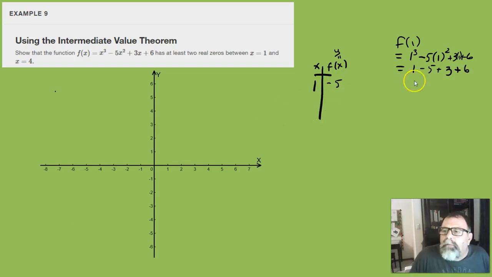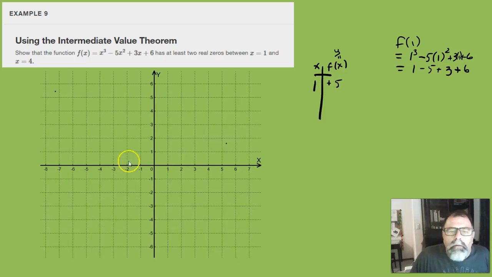So 9, 10 minus 5 is positive 5. Oops, I said minus 5, but it's 10 minus 5, which is positive 5. So at 1, it's 5. So you see that function's above the x-axis. Right, now we're going to do 4.